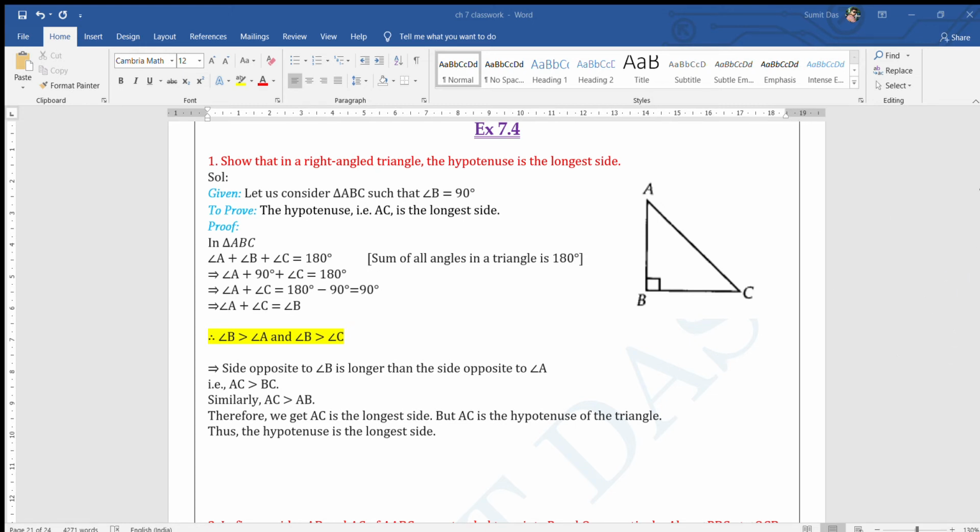No response. Okay, fine. So angle B is greater than angle A, angle B means this and angle A is this. That means angle B is greater than angle A, right?